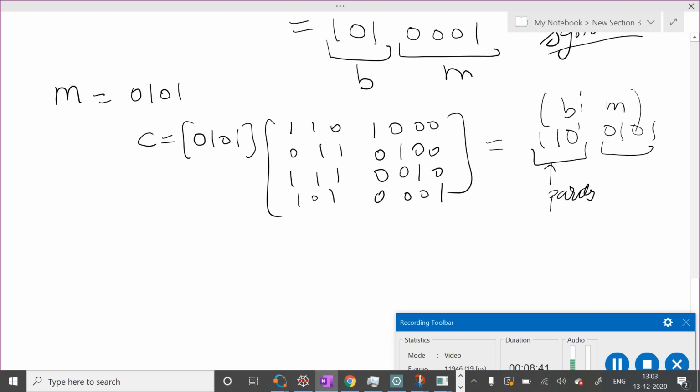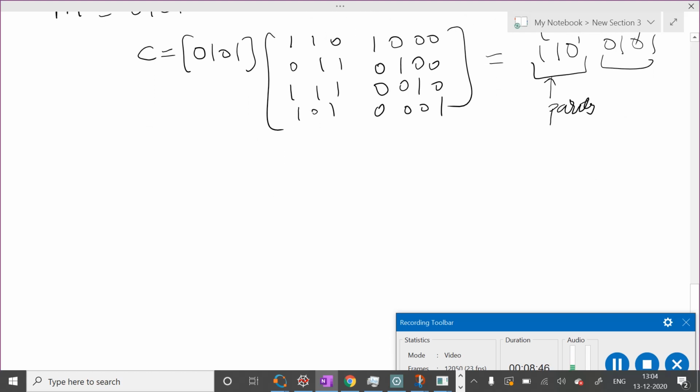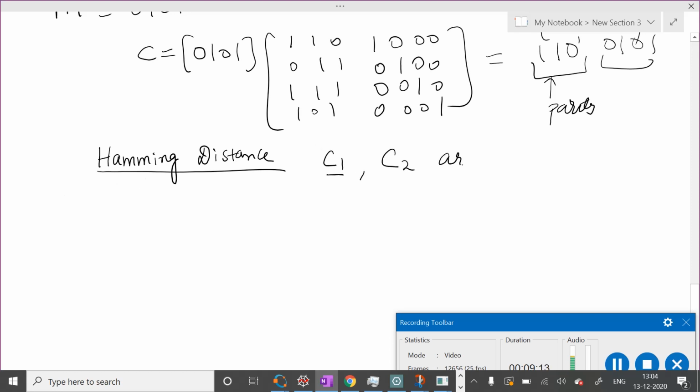There is a very important property of code words called Hamming distance. You will see that it has a very important impact on the error performance of code words. What is Hamming distance? I will define it. Suppose you have two code words, C1 vector and C2 vector.